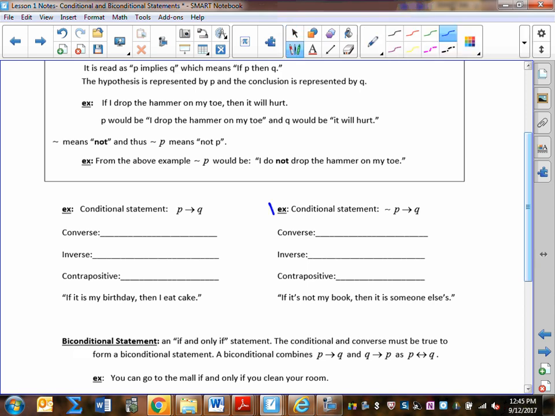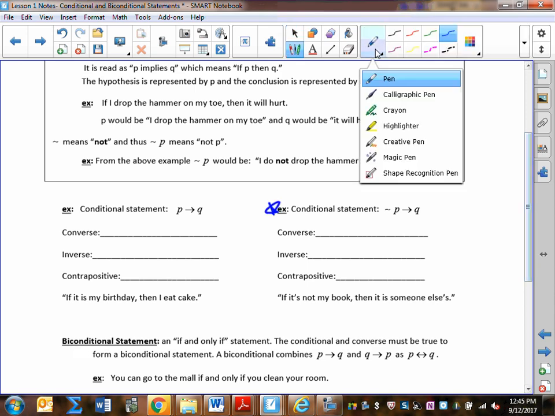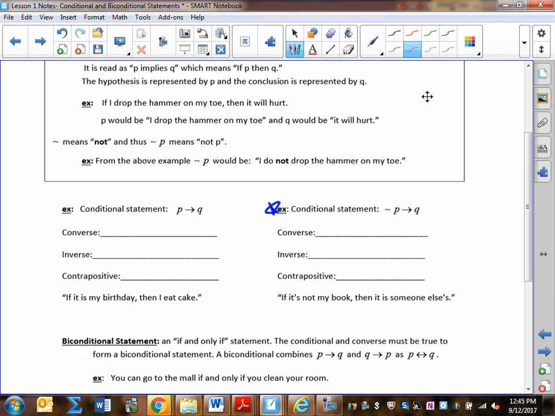So let's take a look at this one. If my starting statement is P implies Q, my converse, where we switch, would be Q implies P. My inverse, which is just negating my conditional, would be not P implies not Q. Right?